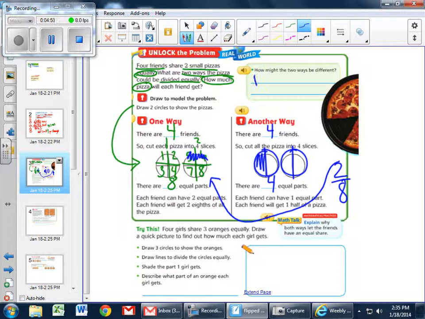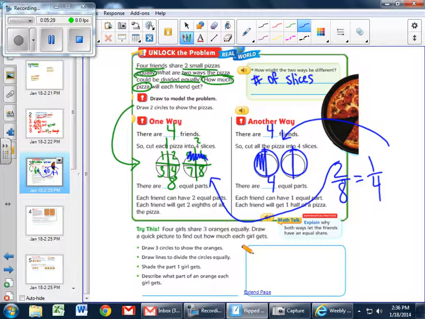So just the number of slices is going to be different, since 2/8 is equal to 1/4, which is what they're going to get here, they're getting the exact same. Okay? Drawing these out is going to be really helpful for you guys to understand and see these pieces working.